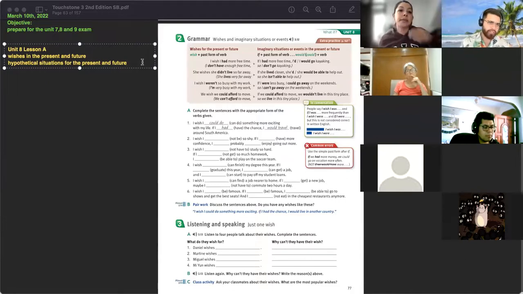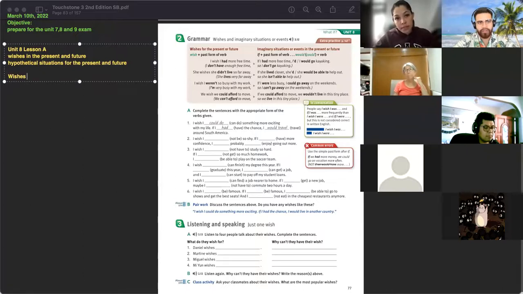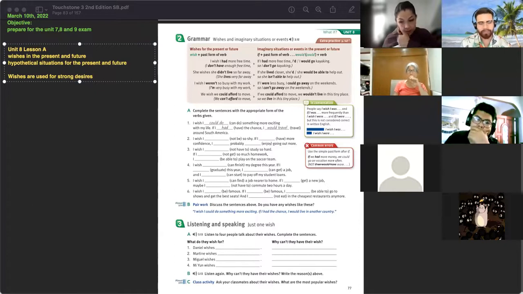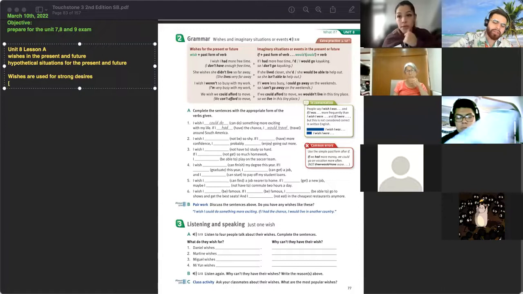Well, you know what wishes are. Wishes are used for strong desires, something that you really want. But the structure is weird.